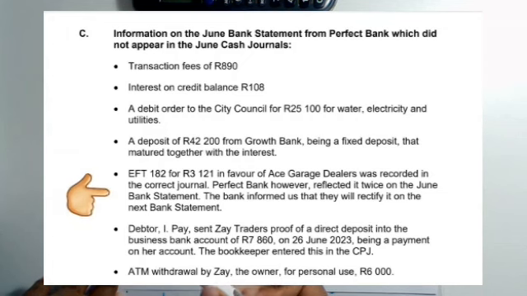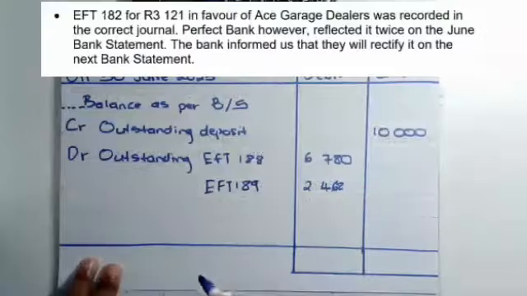Now you will also remember that there was information that we skipped in information C, a bullet point that we skipped in information C, that they said they made a mistake, they recorded an amount twice, which was 3,121. They recorded it twice, they saw the mistake, and they told us that they will rectify it in the next bank statement. So we're going to put it in here to remind them of it. It was an EFT 182.